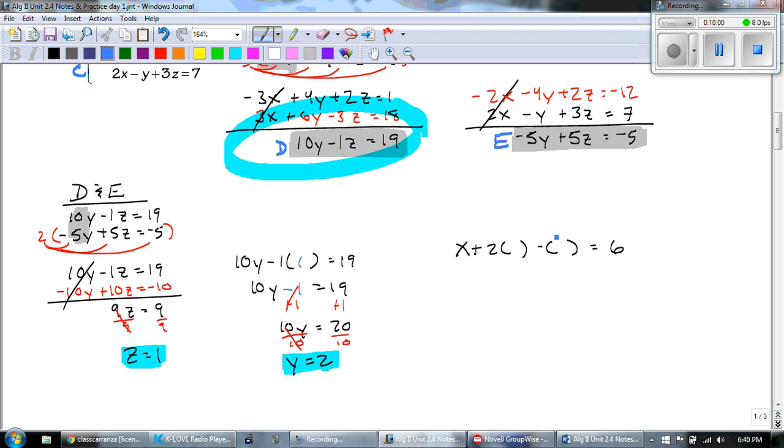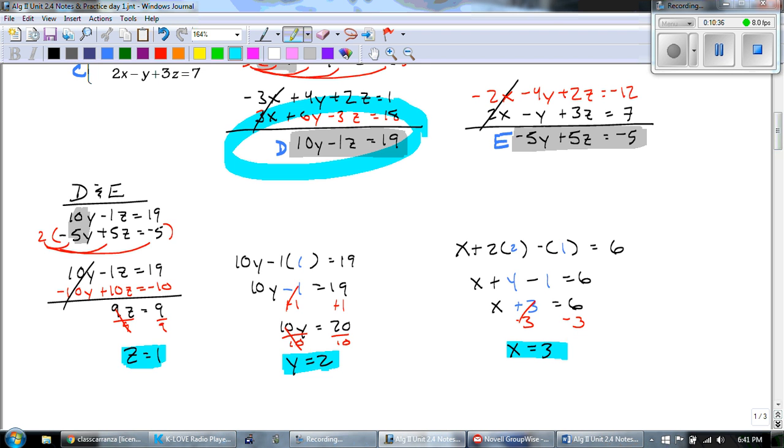The y was 2, the z was 1. So we get x plus 2 times 2 is 4 minus 1 equals 6. So we get x, let's see, 4 minus 1 is 3. So we get x plus 3 equals 6. And then to solve for x, we subtract 3 from both sides, and we get our final answer of x equals 3.